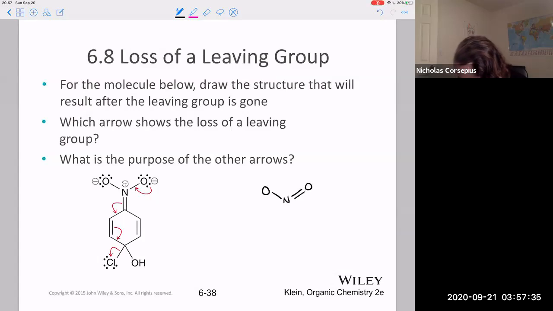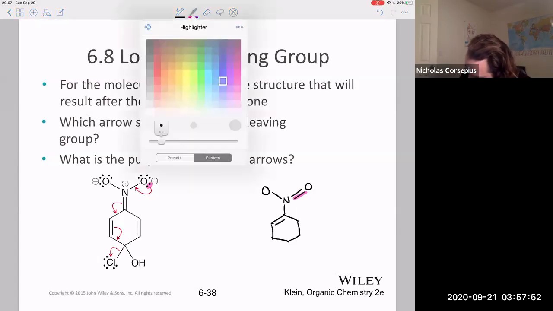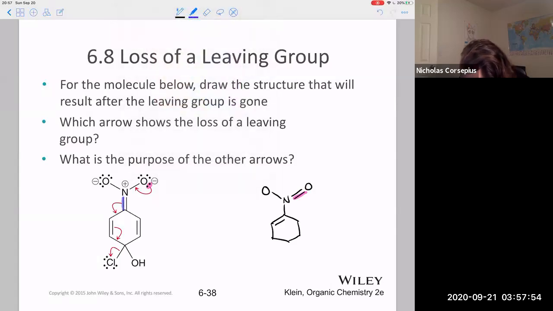All right, so this pair of electrons comes down. The pair of electrons that was in this bond breaks. Let's just follow these things here. So this pair of electrons is what becomes this. Now I have this pair of electrons. At the same time, this one came down here. That one didn't move, actually.